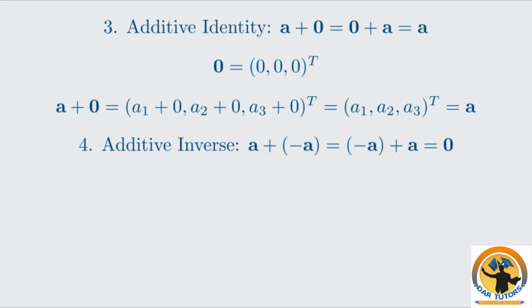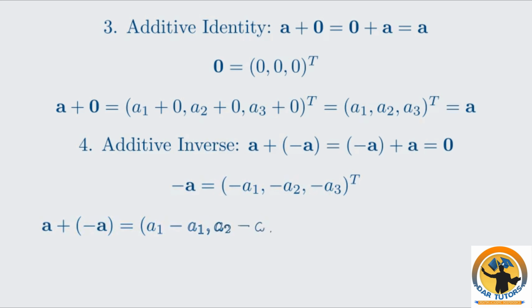The vector negative a is found by negating each component of a. So negative a is the vector (negative a1, negative a2, negative a3). Adding a and negative a gives (a1 minus a1, a2 minus a2, a3 minus a3), which is the 0 vector, (0, 0, 0). This property is crucial for solving vector equations.